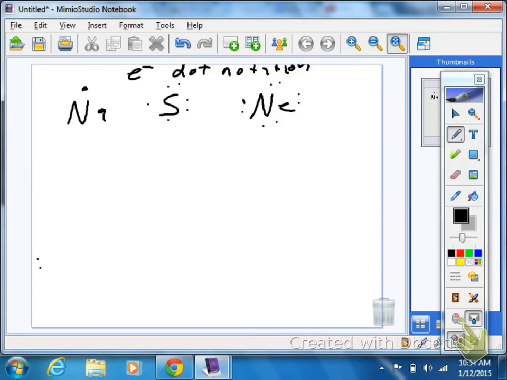We're also going to expand that to structures that don't have to obey the octet rule. And show you a method that works for every one of them. So this method of going through the steps, working through these step by step, will help you with doing all of them. Not just one, but all of them.